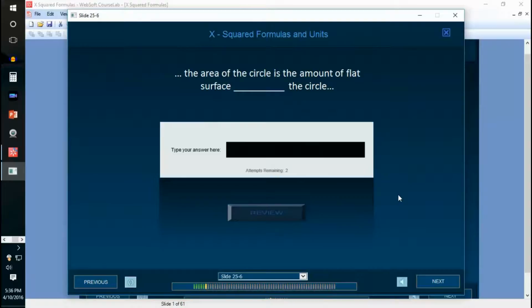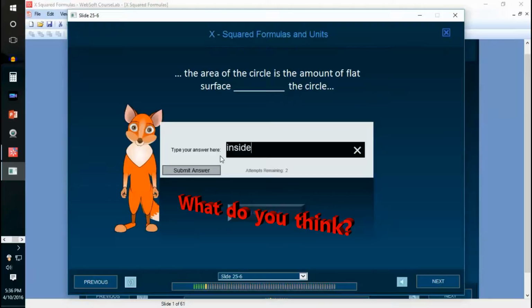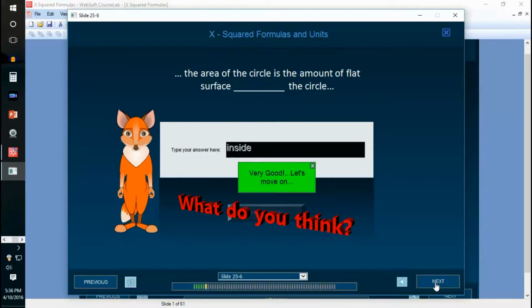The area of the circle is the amount of flat surface inside the circle.